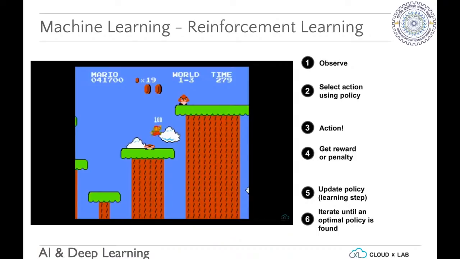So the player observes, selects an action using policy, takes an action, gets a reward or penalty, and then updates the policy in a learning step. We call that the learning step. And then we iterate until an optimal policy is found, right?